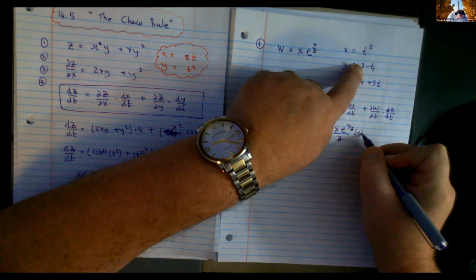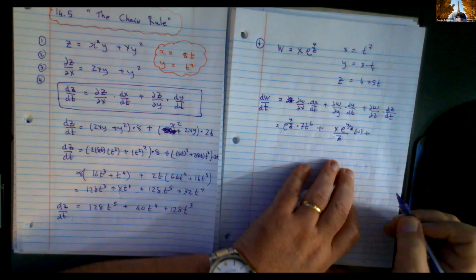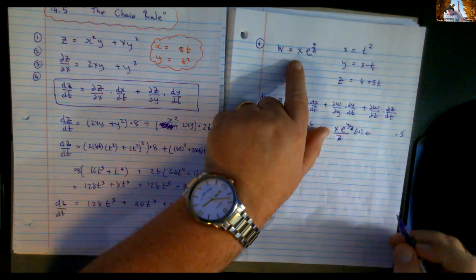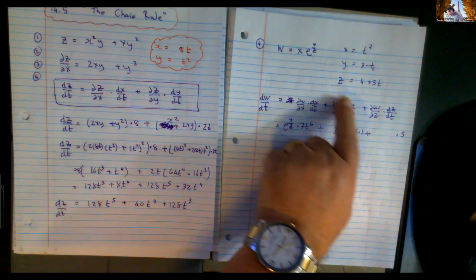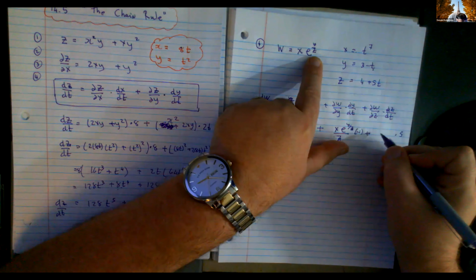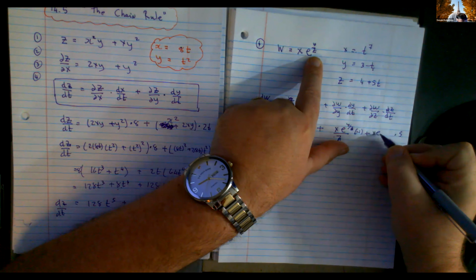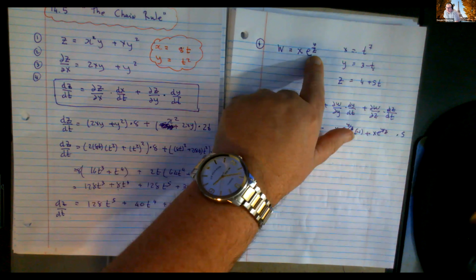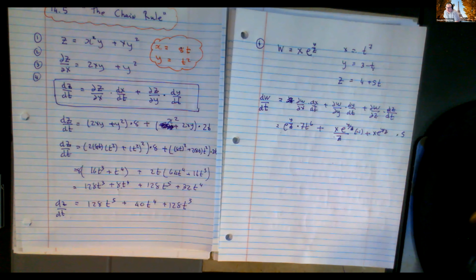Right? The third and final one is the horrible one. If you want to differentiate this fella, partial derivative with respect to z, you will get x e to the y over z. What else will you get with that one?